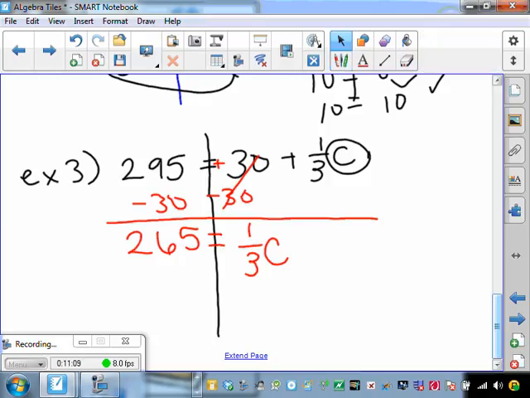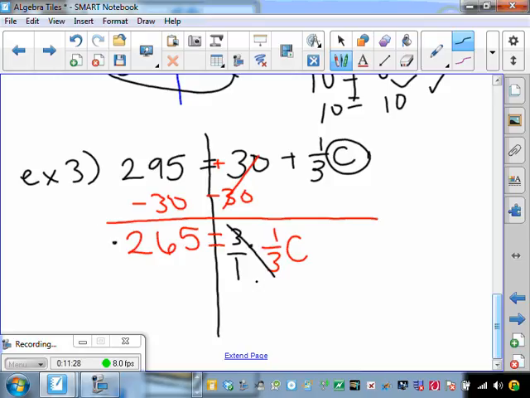So now here, remember when we were talking about getting rid of fractions? I said the opposite of a fraction is its reciprocal. So what we're going to do is multiply times 3 over 1. That cancels out. What we do to this side, we have to do to this side. So we're going to also multiply here by 3.